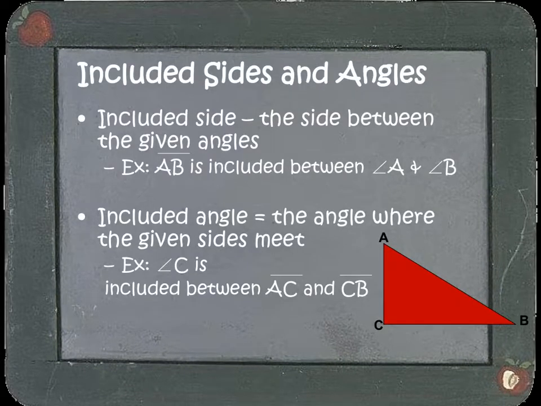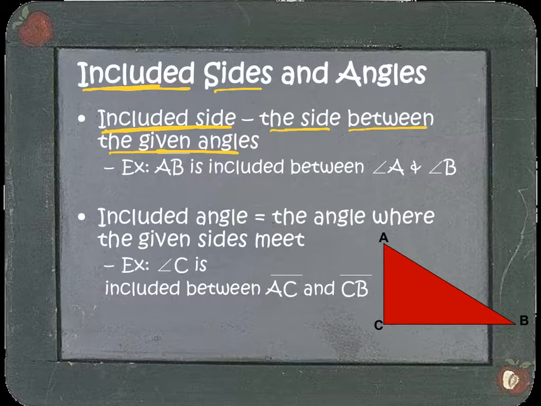Okay, so before we get into SAS or any of the others, we need to talk about this word included. We're going to talk about included sides and included angles. If we ever talk about an included side, it means it is a side that is between the given angles.